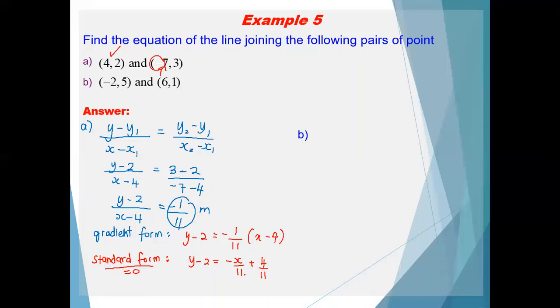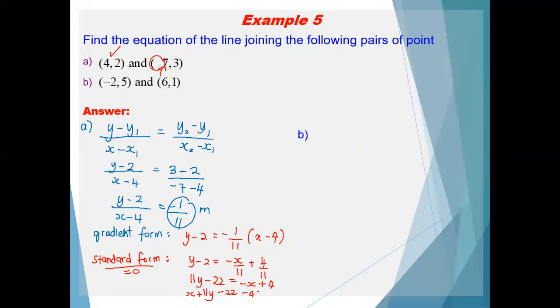So macam mana nak buat rearrange lah. Okay, semua darab dengan 11 supaya senang. Okay, so akan jadi 11y minus 22 equal to negative x plus 4. Okay, apa lagi nak buat rearrange lah supaya dia equal to 0. So x bawah sini, x plus 11y minus 22, this one pun bawah.